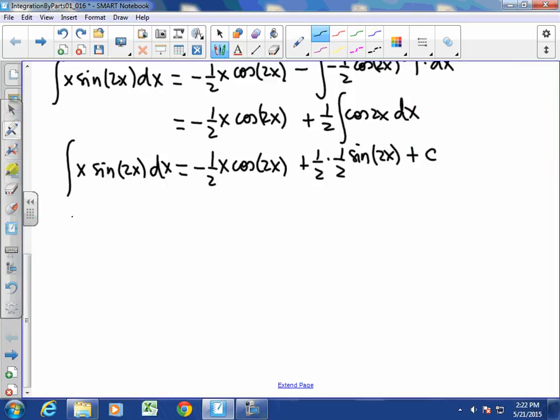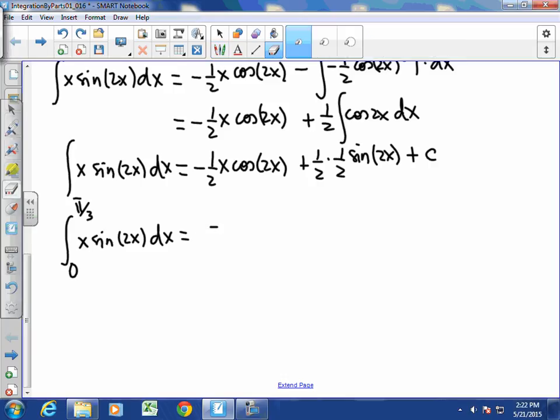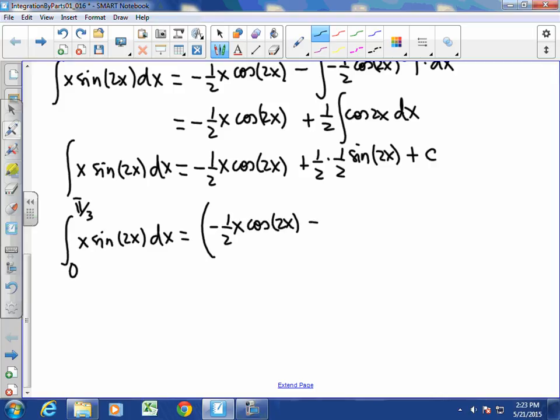So in the end, the integral from 0 to pi over 3 of x sine of 2x dx is negative 1 over 2 x cosine of 2x plus 1 over 4 sine of 2x, evaluated from 0 to pi over 3.